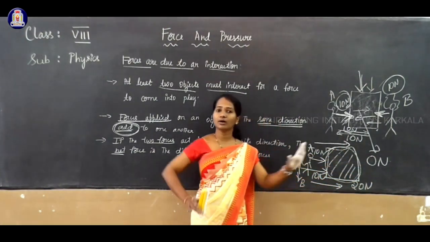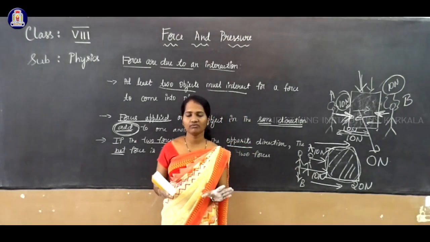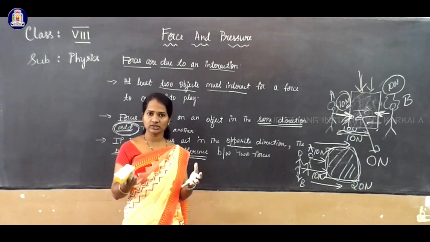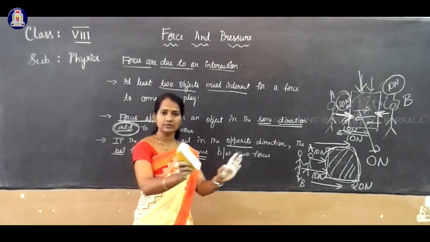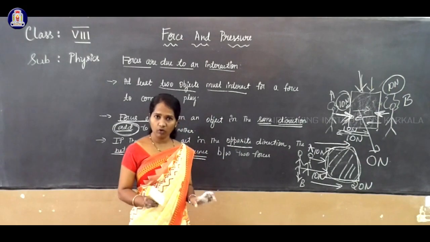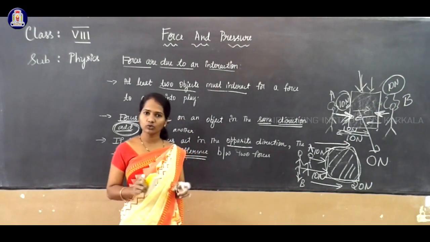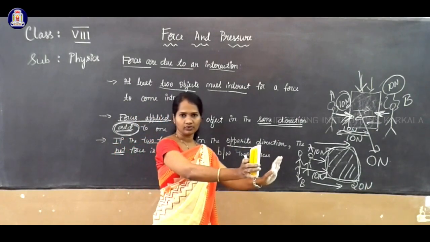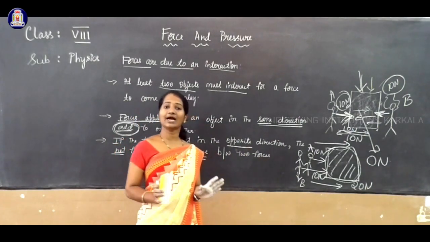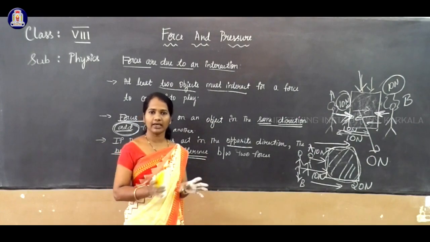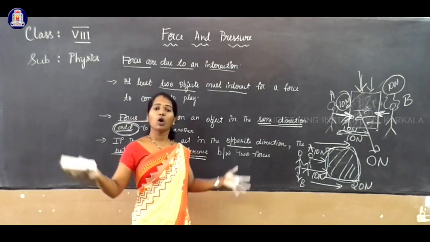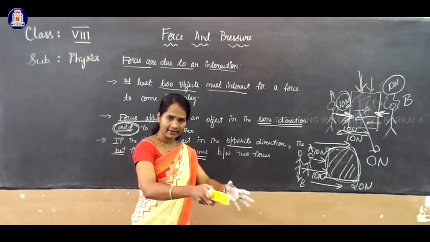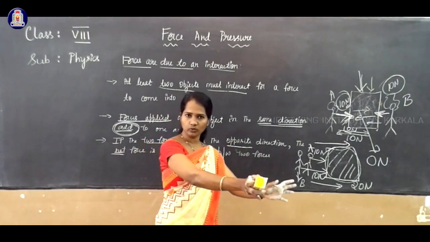So this is common sense. When you are pushing or displacing any huge object, if one person's force is not enough, what do we do? 2-3 persons come together and start pushing. When 2-3 persons push any big, heavy object, all the forces applied on that object get added, so that the object moves.